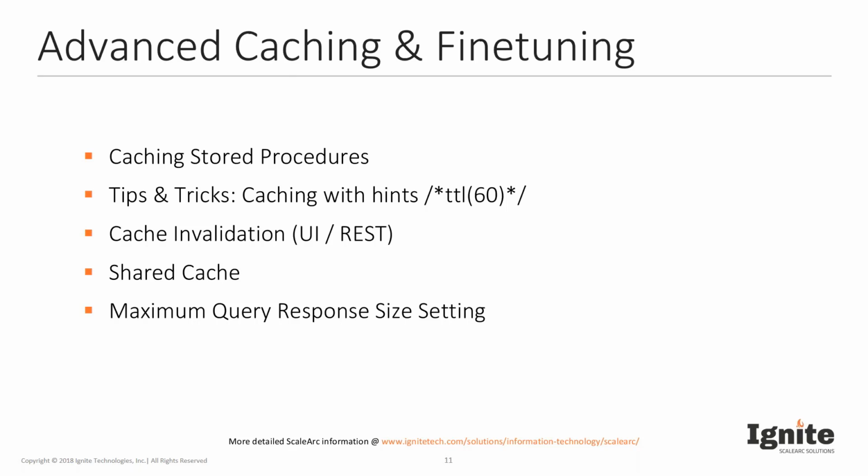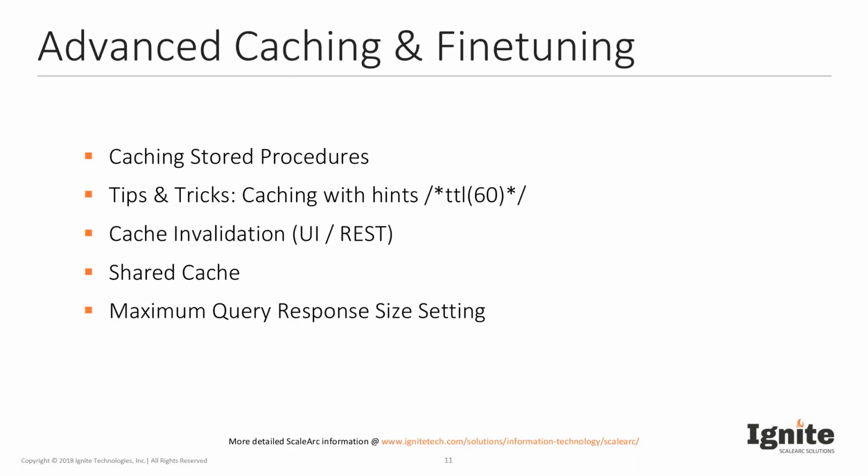So we will have to tell ScaleArc that those stored procedures are okay for caching, and then create the cache rules. I'm going to show you also how to create a little bit of hints, if you want perhaps a little bit more dynamic caching. We'll go through cache invalidation through the UI and the REST API, and also I'm going to show you a few settings.